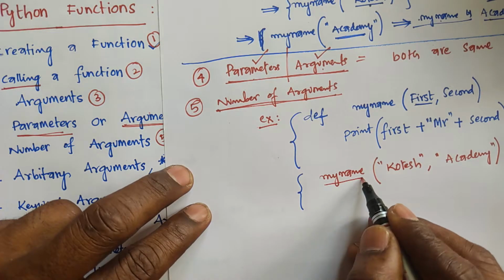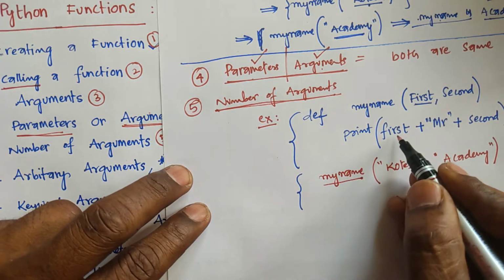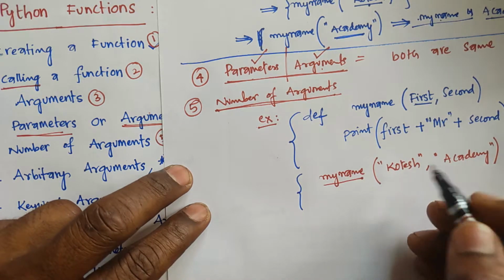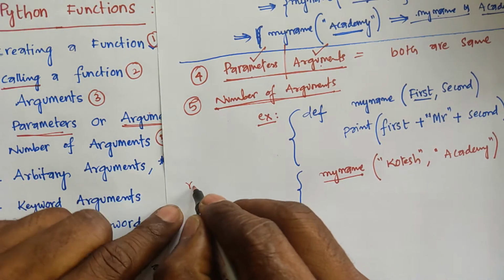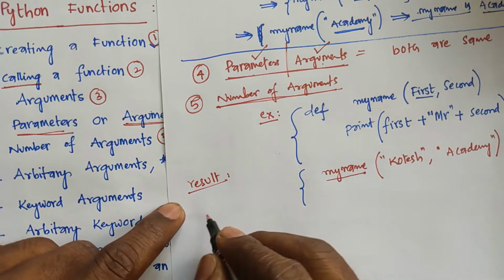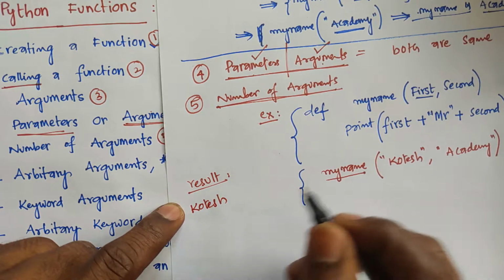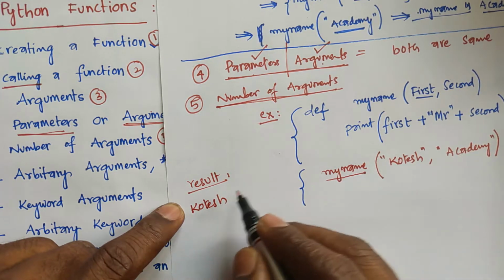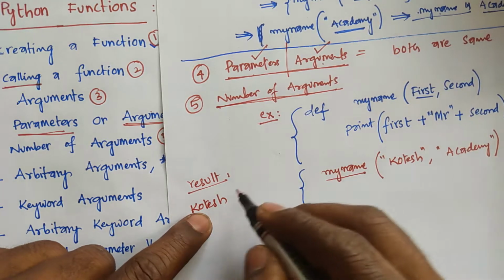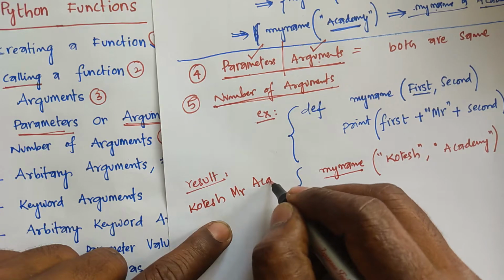So this is the first name, and this one is the second name. When you call this function, it is purely based on this. When you go to this function, the first name is the quotation. So the result will be the quotation, Mr., and academy.